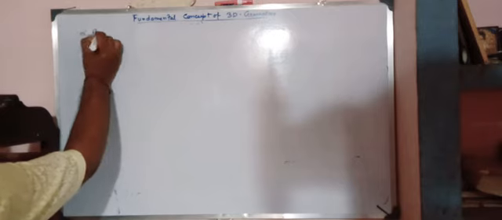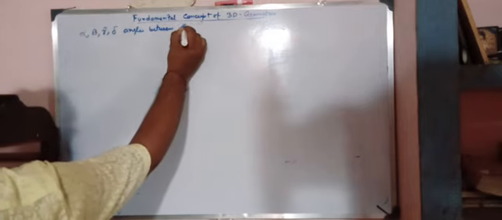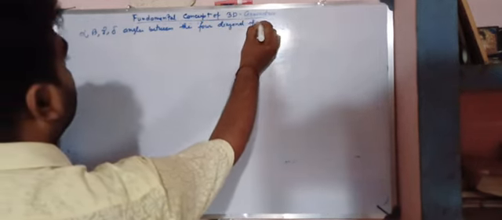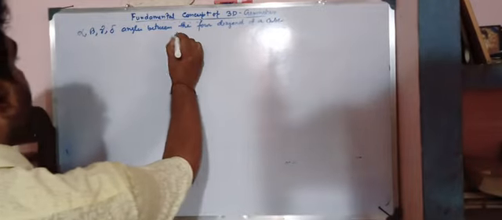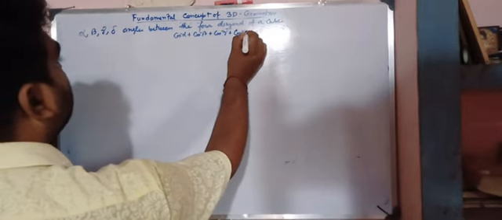Next, move to another question. The question is given here that if a line makes angles alpha, beta, gamma, delta between the 4 diagonals of a cube, then we have to show that cos square alpha plus cos square beta plus cos square gamma plus cos square delta is equal to 4 by 3.